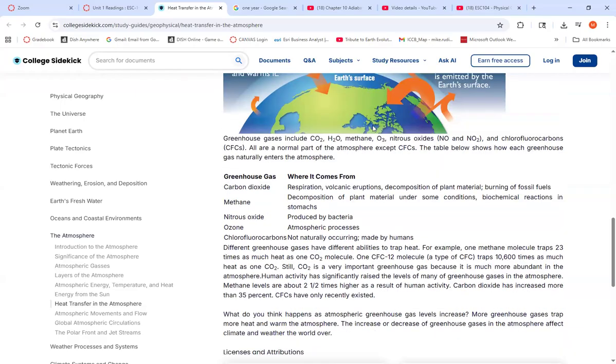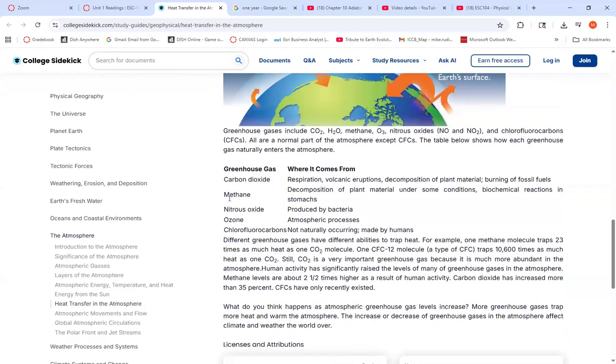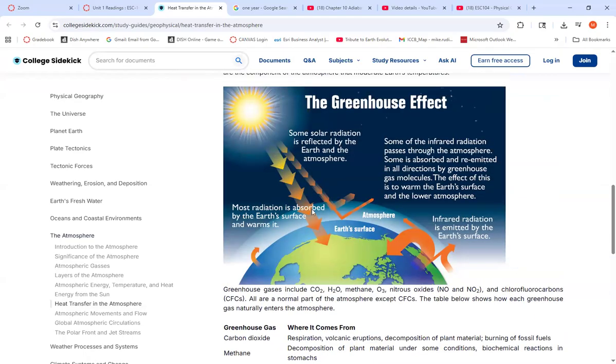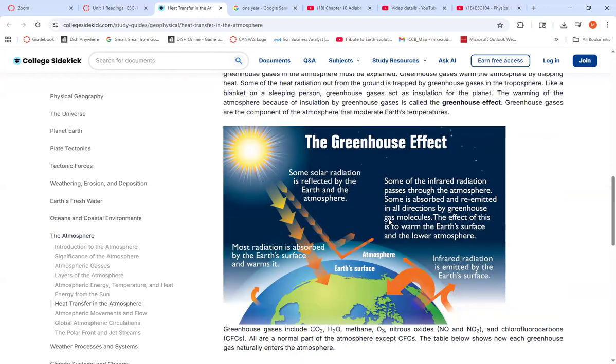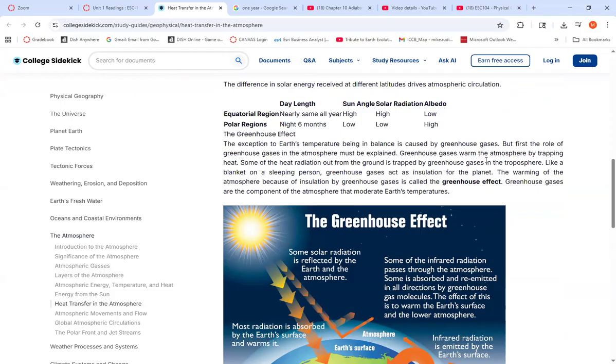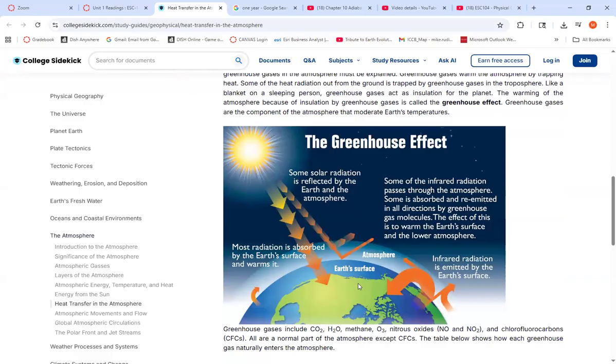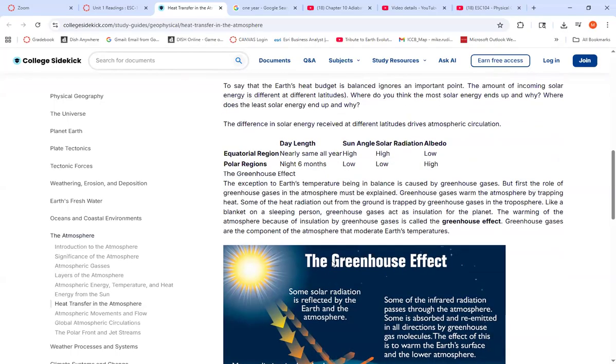That's what determines the planet's overall temperature. Certain gases like carbon dioxide, methane, nitrous oxides, and ozone are regulatory gases that control how much of the sun's radiation comes in versus how much of the energy gets out. This is why the Earth sits at an average temperature of around 59 degrees. However, if you get more shortwave energy in than energy going out, you would have a planet warming. And if you have more energy going out from the Earth leaving the atmosphere than energy coming in, you would have a planet that's cooling.